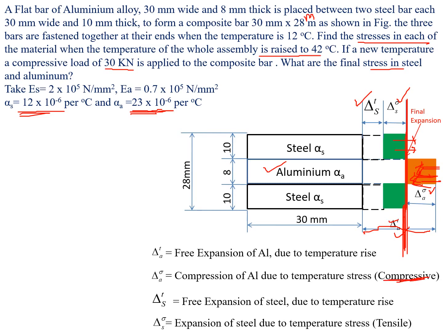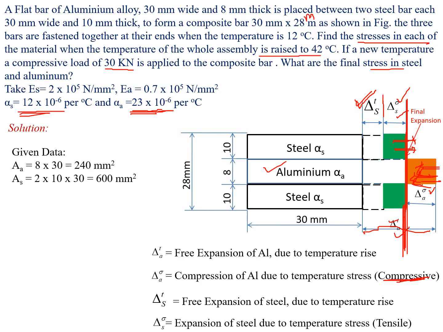Similarly, delta ST is the free expansion of the steel due to the temperature rise. And delta S sigma is the expansion of the steel due to the temperature stresses, the nature is tensile. So expansion will take place, and that expansion is delta S sigma.